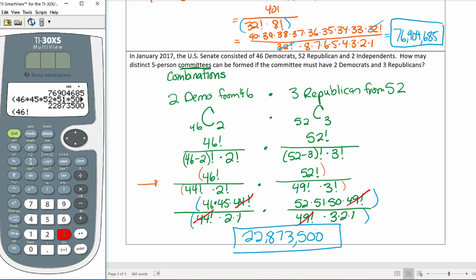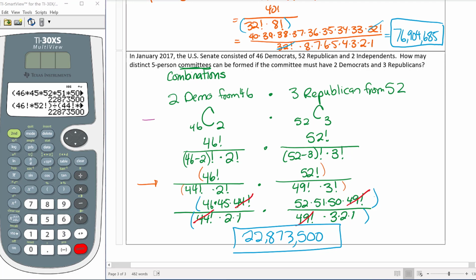So 46 factorial times 52 factorial, close that parentheses, divided by, open another parentheses, 44 factorial times 2 factorial times 49 factorial times 3 factorial, and close your parentheses, and that still gets you the same exact answer.